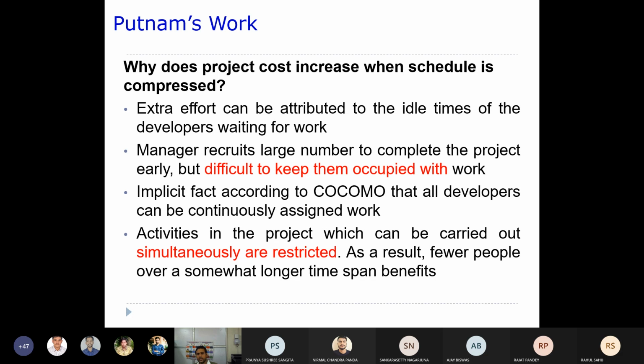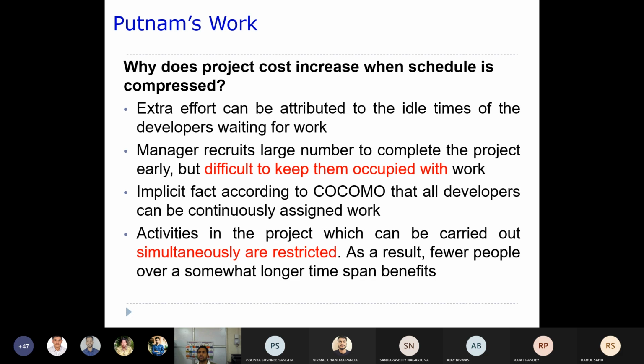So the extra effort can be attributed to the idle times of the developers waiting for work. When you compress the schedule, it assumes that there were some idle times, because in 1 year there may definitely be some idle times.